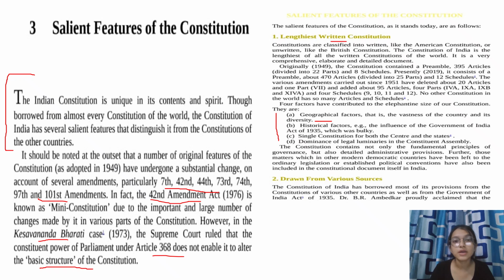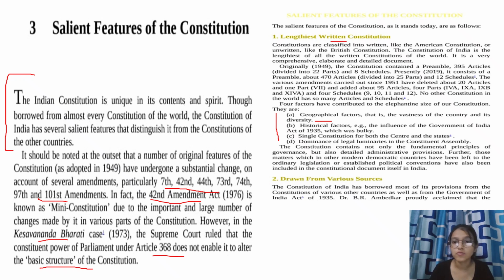Because of the large area that we have, we have to add all kinds of necessary provisions in order to rule the country in a proper way. That is one reason why the Indian Constitution is the lengthiest one.